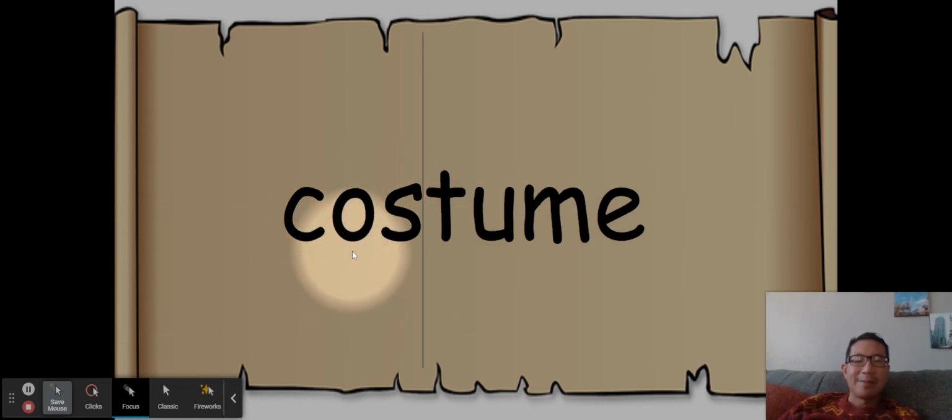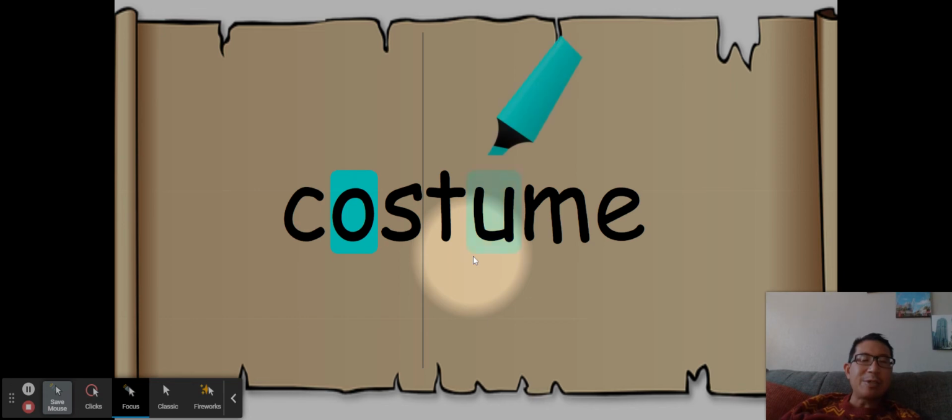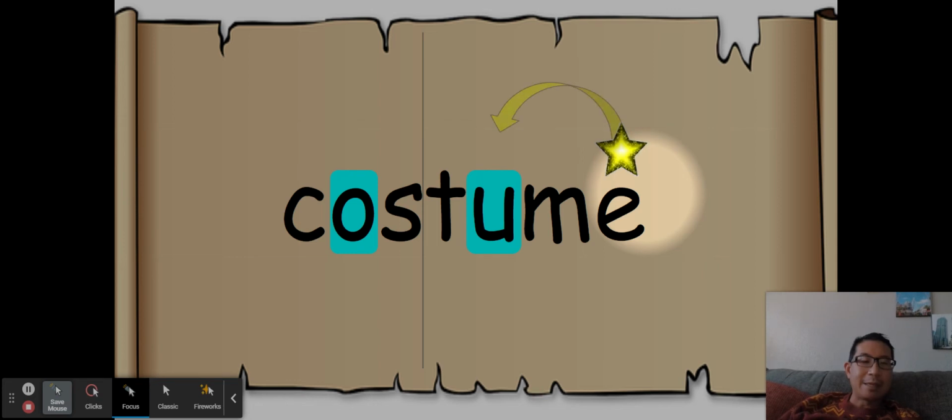Let's try this one. See, there's the O, which is the vowel, but because there's an S in front of it, this is O says aw. So let's blend them together: k, aw, s, cos. Now let's find the vowel here in the other syllable. It's U, but because there's an E there, this becomes long, open U. So U says you.